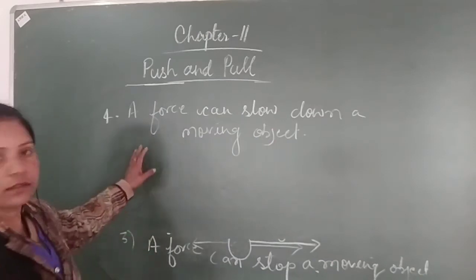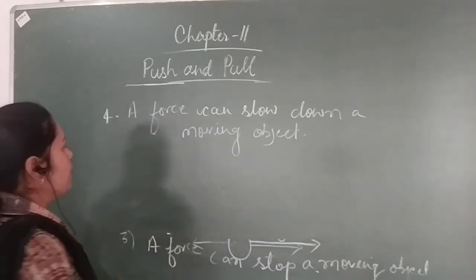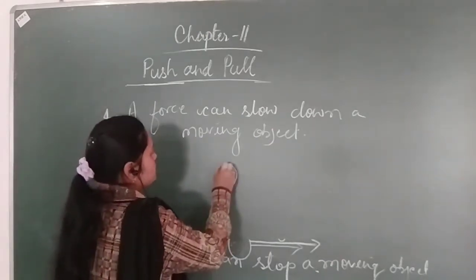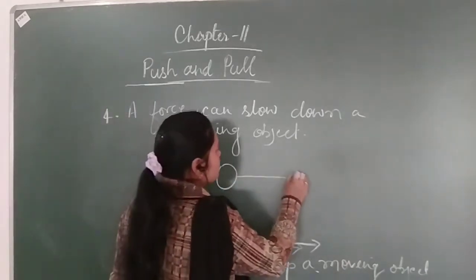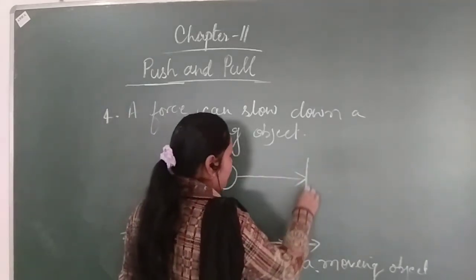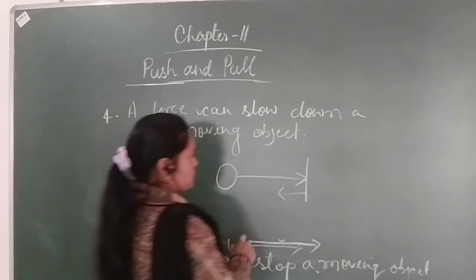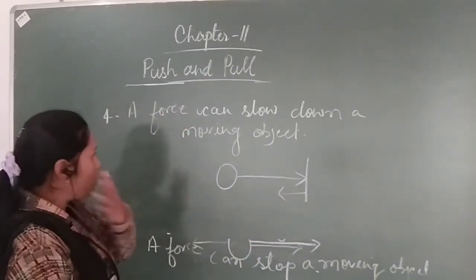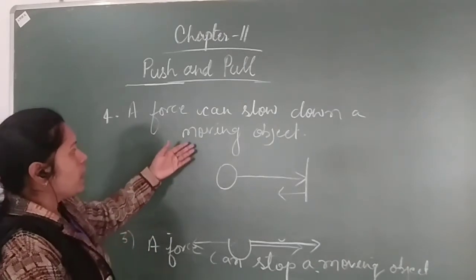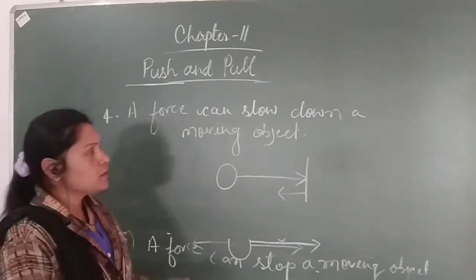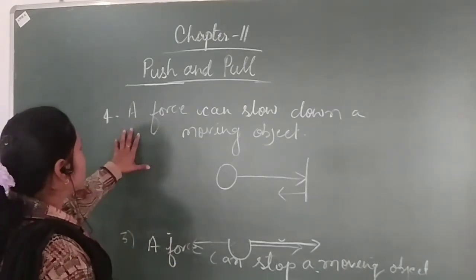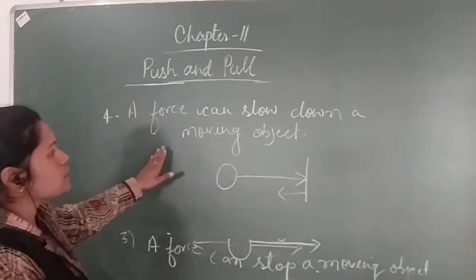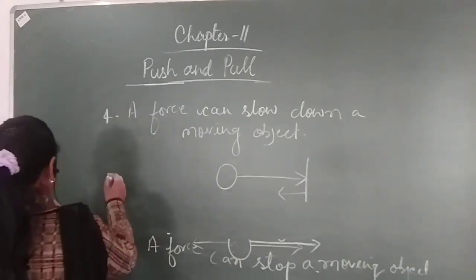It is very common. What happens? When a moving object moves faster, we can apply force to stop it. Okay, so a force can slow down or stop a moving object. So the fourth effect is a force can slow down a moving object.